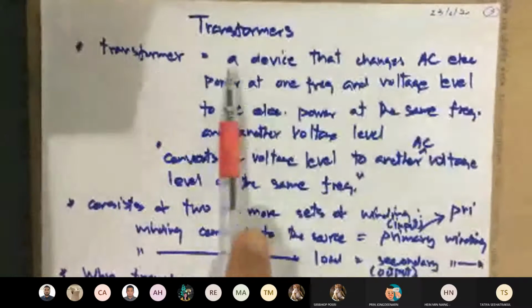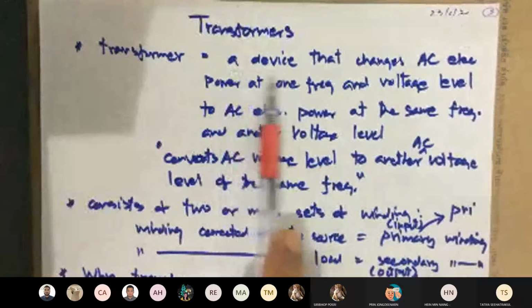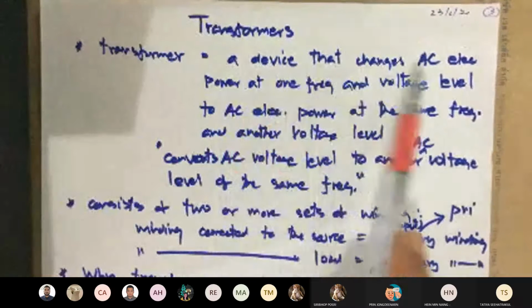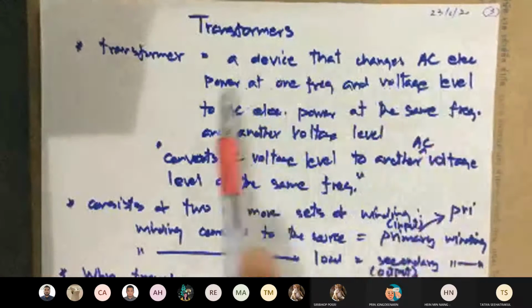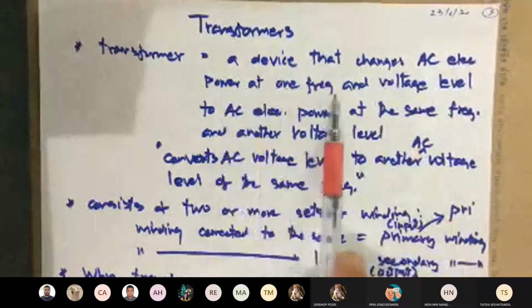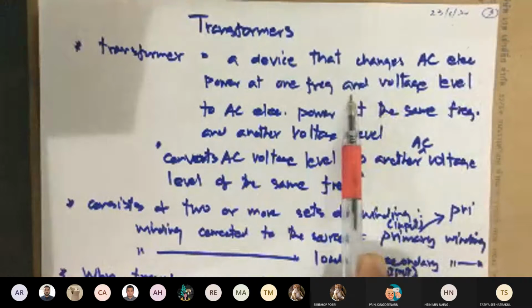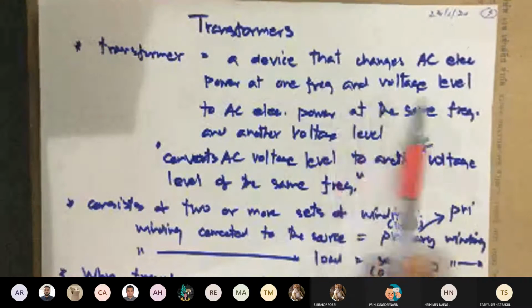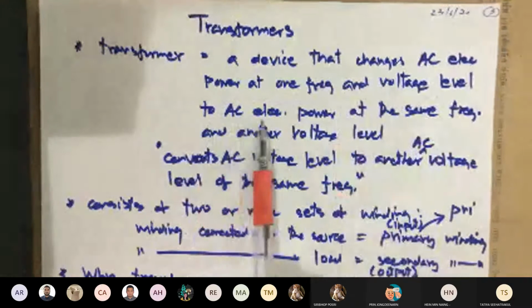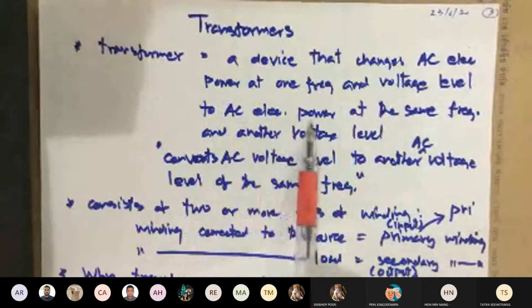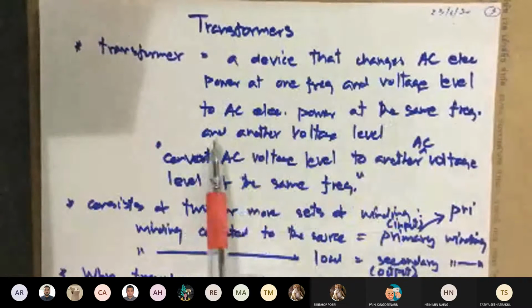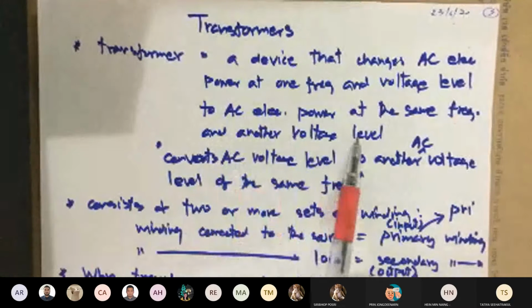So what does it do? It is a device or electrical machine that changes AC electrical power at one frequency and voltage level to AC electrical power at the same frequency and another voltage level.